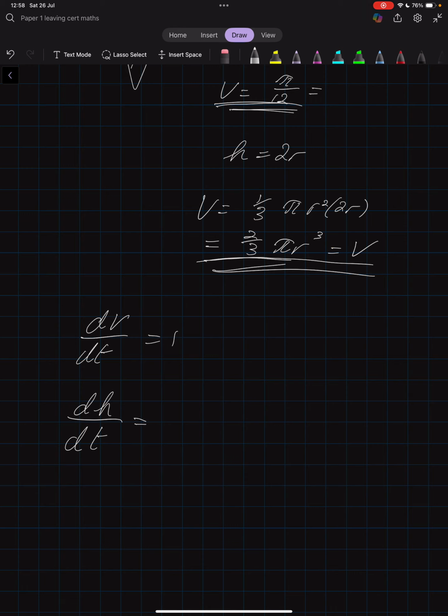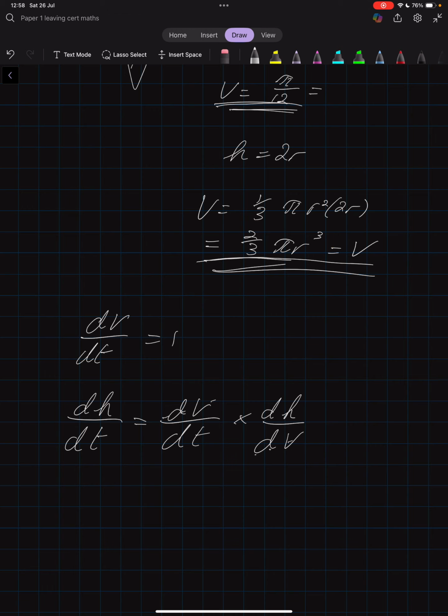So for dH/dt, I can say that's going to be dV/dt, which is the thing that I know. I need to get rid of the dV, so divide by dV and multiply by dH, because remember, this now would give me dH/dt.